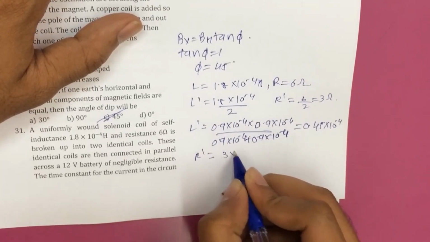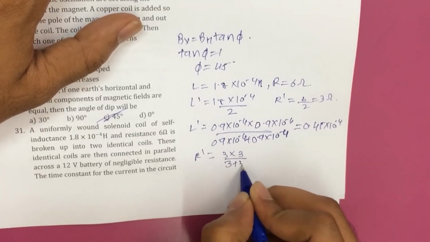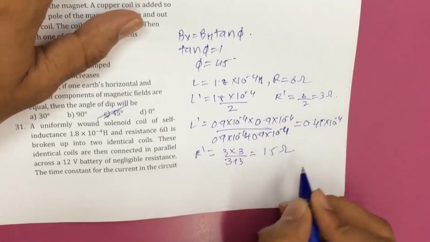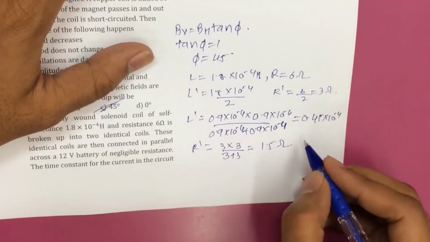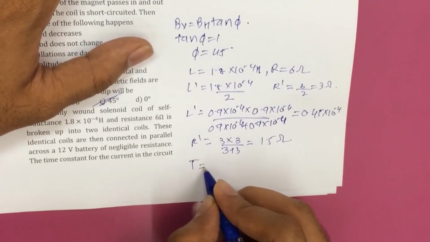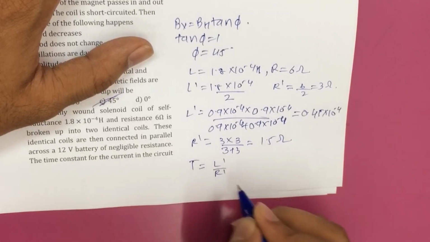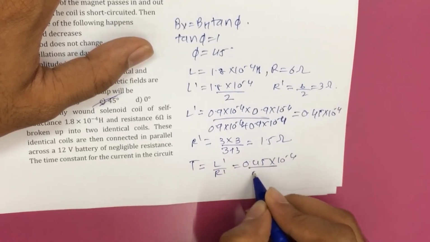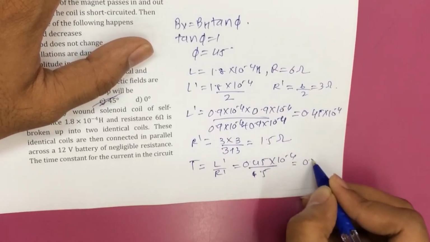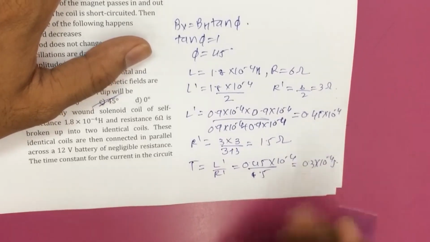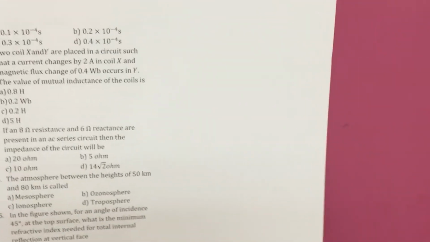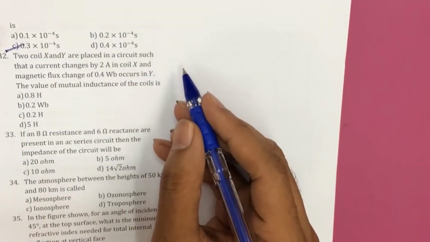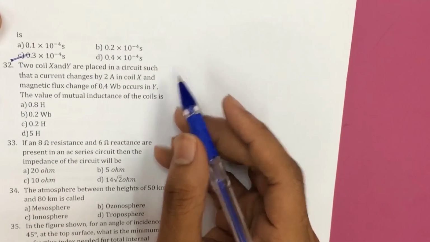And for R dash it will be 3 parallel 3, that is 3 multiplied by 3 divided by 3 plus 3, which will be 1.5 ohm. So time constant would be L dash by R dash, which is 0.45 multiplied by 10 raised to minus 4 divided by 1.5, which would be 0.3 multiplied by 10 raised to minus 4 seconds. So correct answer here is option C, that is 0.3 multiplied by 10 raised to minus 4 seconds.